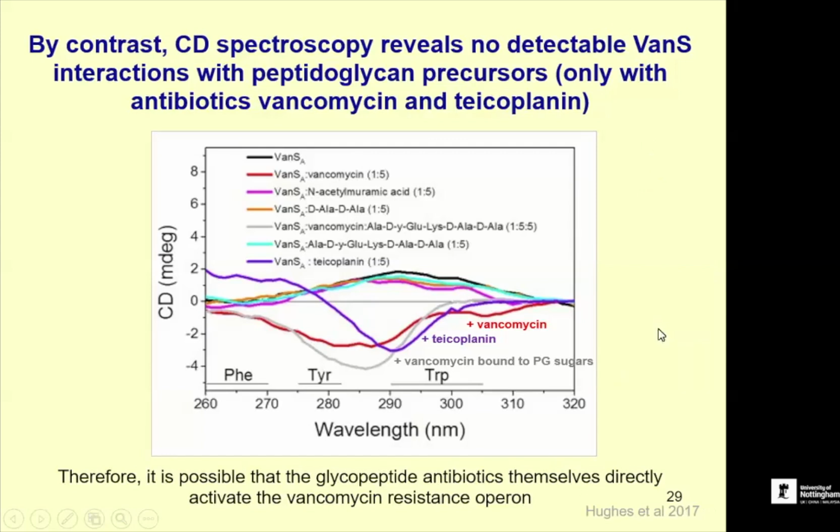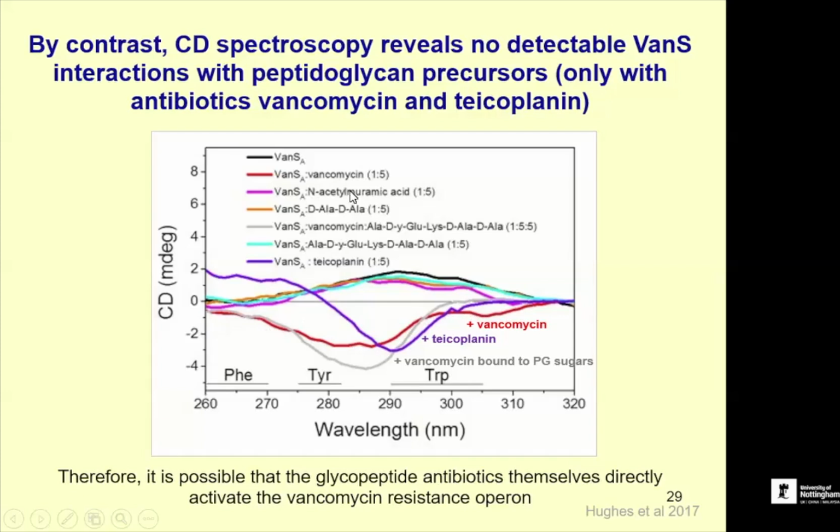So these CD spectra are trying out a variety of peptidoglycan precursor molecules and whether they bind to Van-S or not. This is the control, Van-S alone, in the near UV, shown here. So we add vancomycin, the red spectrum, and we see the same dip that we saw before in the previous spectrum, as expected.